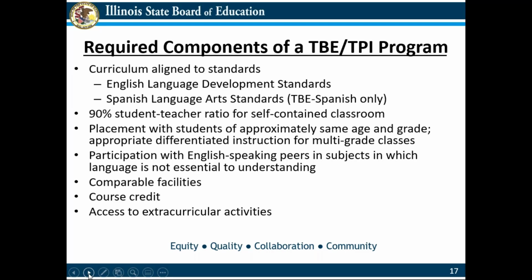The 90% student-teacher ratio only pertains to self-contained classrooms where the classroom has all EL students in it. It does not pertain to pull-out, push-in, or even dual language. It only pertains to one self-contained classroom with all EL students.